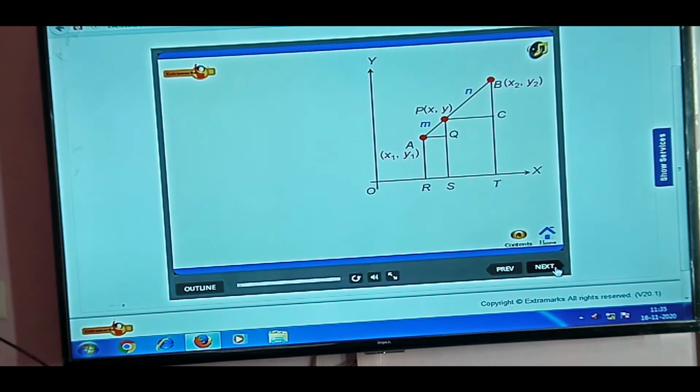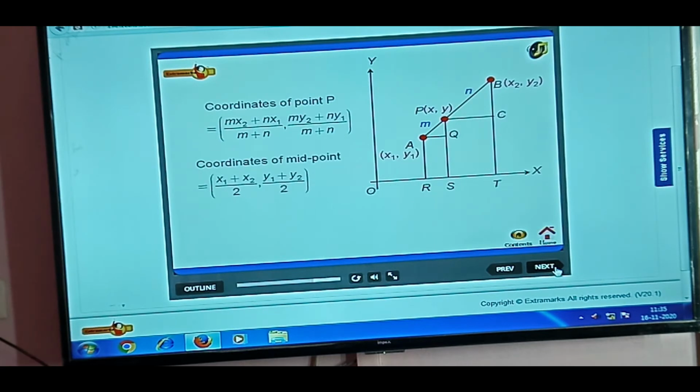Also, the coordinates of the point P, which divides the line segment joining the points A and B internally, with the coordinates as shown, in the ratio m is to n, are given by the following formula. Particularly, if m is equal to n, the coordinates of the midpoint of the line segment joining the points A and B, with the coordinates as shown, are given by the following formula.